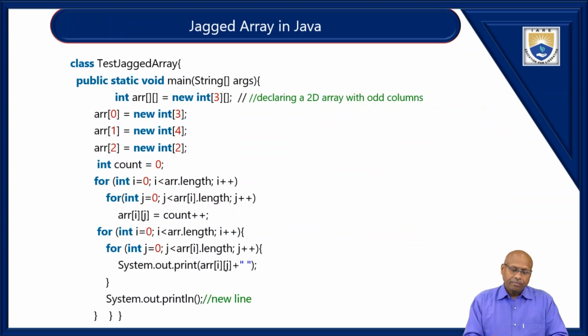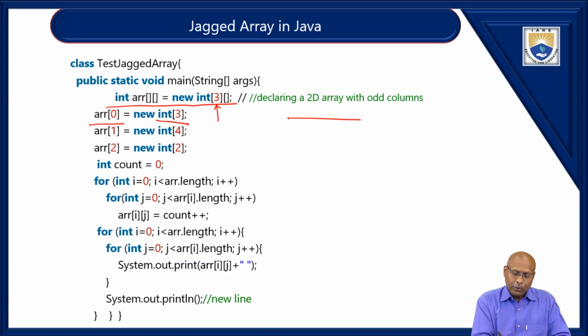Now we'll have a small example of the jagged array. int array[][] = new int[3][]. That means here 3 is what? Fixed. 3 rows are fixed, but the column size is not given. That means every row will have different elements. So here what will I do? array[0] = new int[3]. That means the first row will have 3 elements.